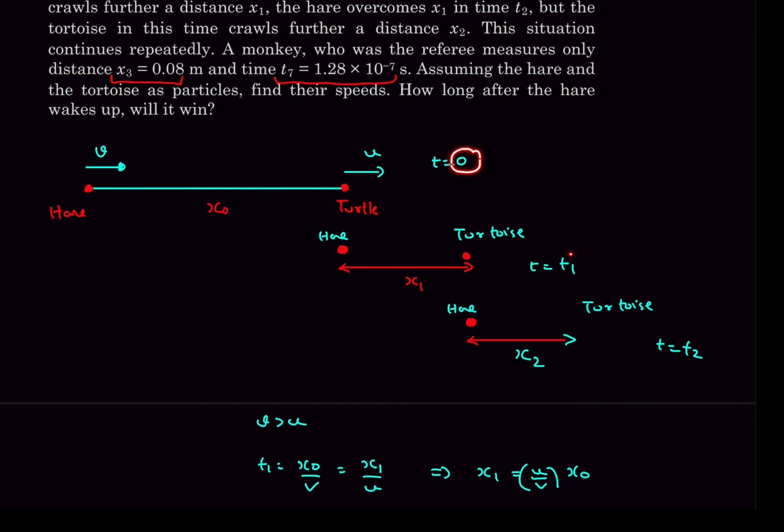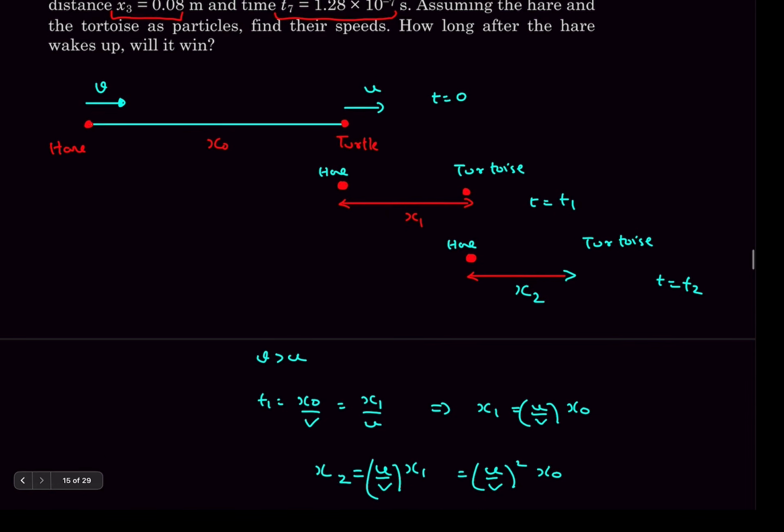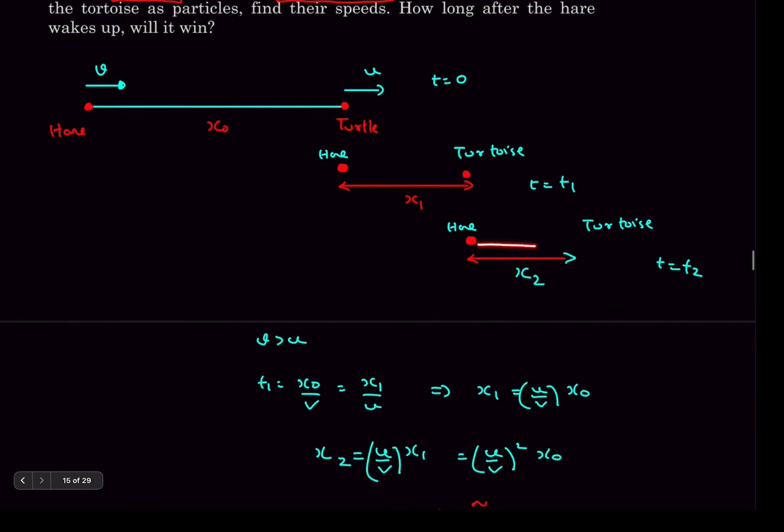Now what is the relation for tn, right? From t equal to 0 to t equal to t1, which basically means in a time span of t1, the turtle covered a distance of x1. And in a time of t2, the turtle covered a distance of x2. So we can easily see a pattern here. In a time of tn, the turtle will cover a distance of xn, which means tn is going to be xn divided by the turtle speed, which is u.